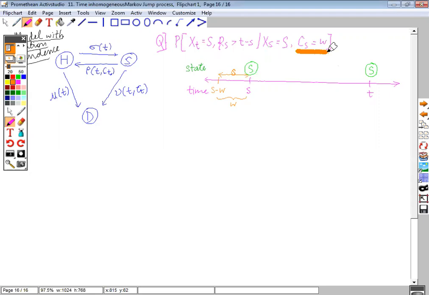Does this make sense? No? Yes? Yes, ma'am. Yes, ma'am. All right. So when I'm saying that CS is W, Isha, what do you think? Are you still confused?